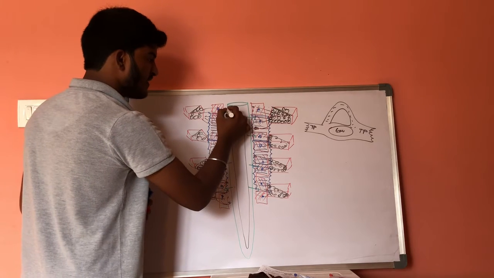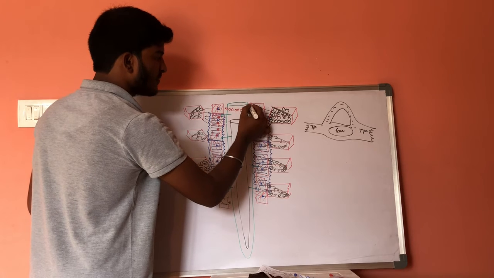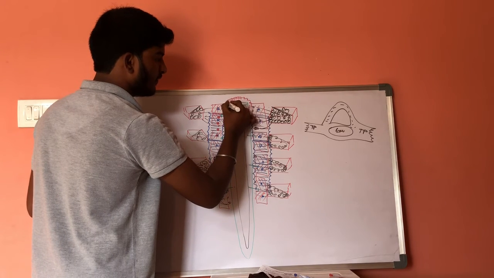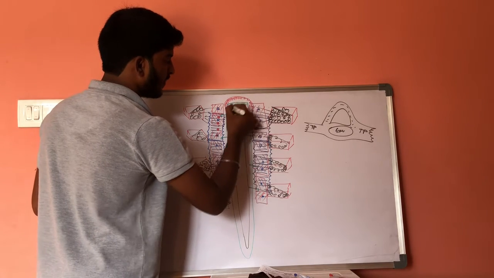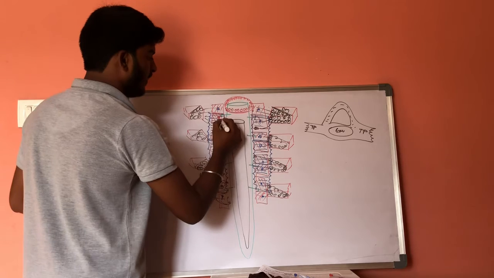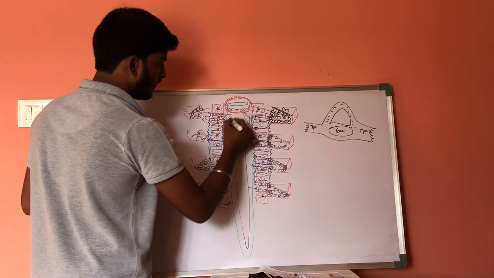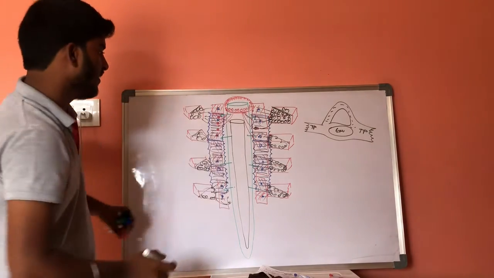These mesenchymal cells will be moving around this spinal cord, and it forms the vertebral arch, involved in the synthesis of the vertebral arch.